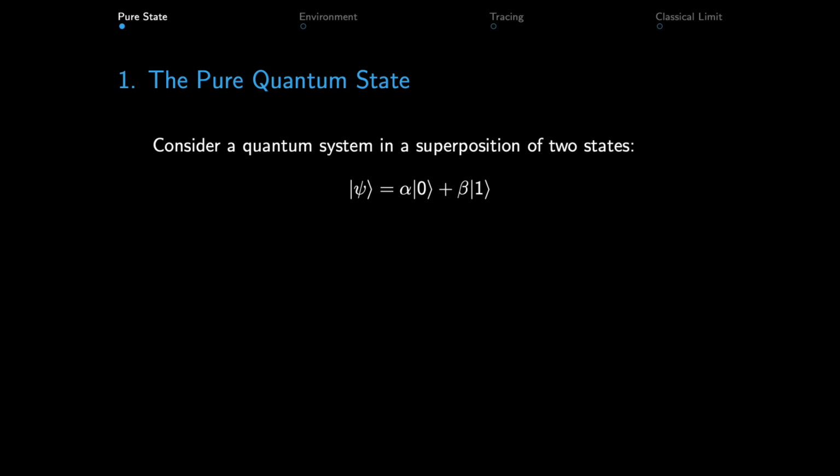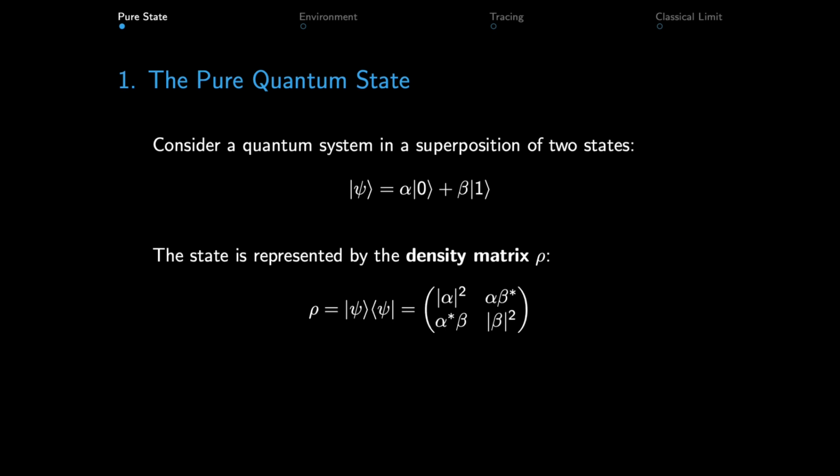Now, if you have such a state, the state is represented by something called the density matrix, rho in this particular case. This density matrix is defined by this ket and bra description, where the psi is coming from the function that has already been defined.